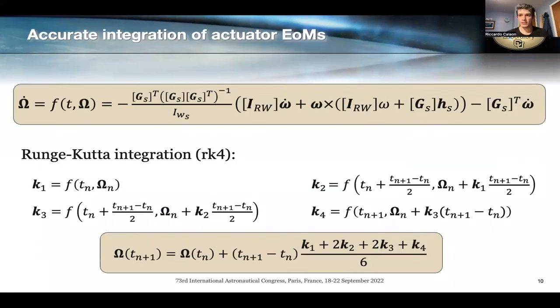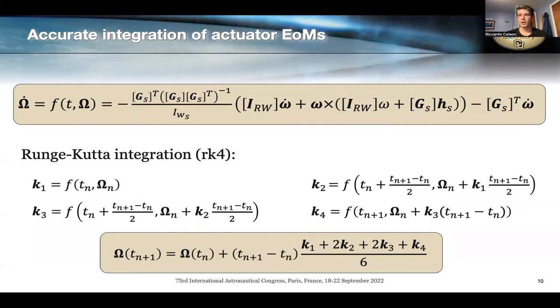So at this point, if we combine all the previous equations together, it is possible to obtain the equation that I'm showing here above, which allows to compute the derivative of the wheel speeds. Why is this important? This is important because in this application, the trajectory of the spacecraft is computed by the graph search algorithm and by the interpolating NURBS. So every trajectory is known as far as the spacecraft's motion.